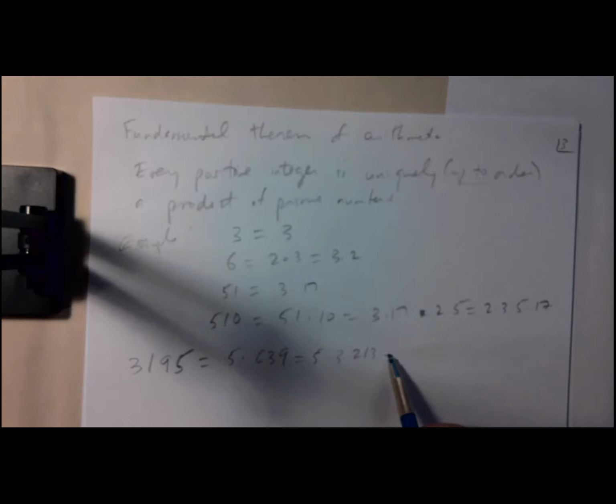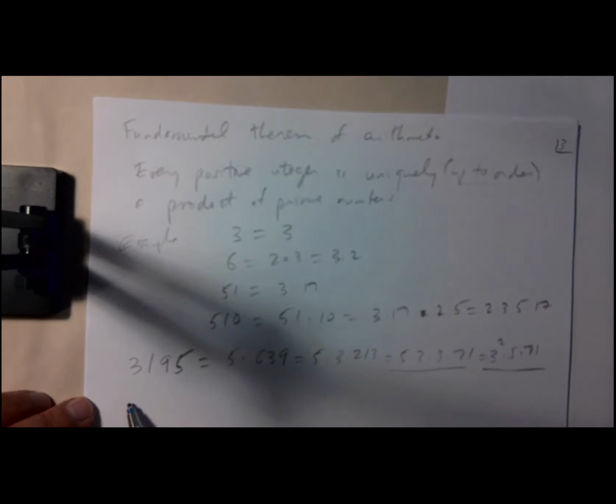And this is divisible by 3. 213 is 3 times 71. And I try to factor 71 and I can't. So this is the factorization: 3 squared, 3 times 3 times 5 times 71. Is that what you said? Just want to make sure I did it right. Yes. So this is the factorization.